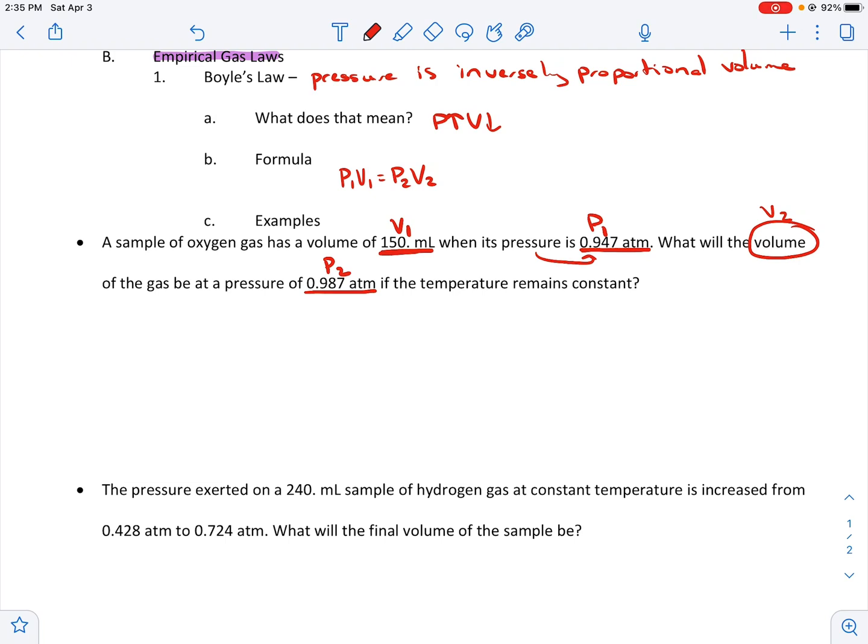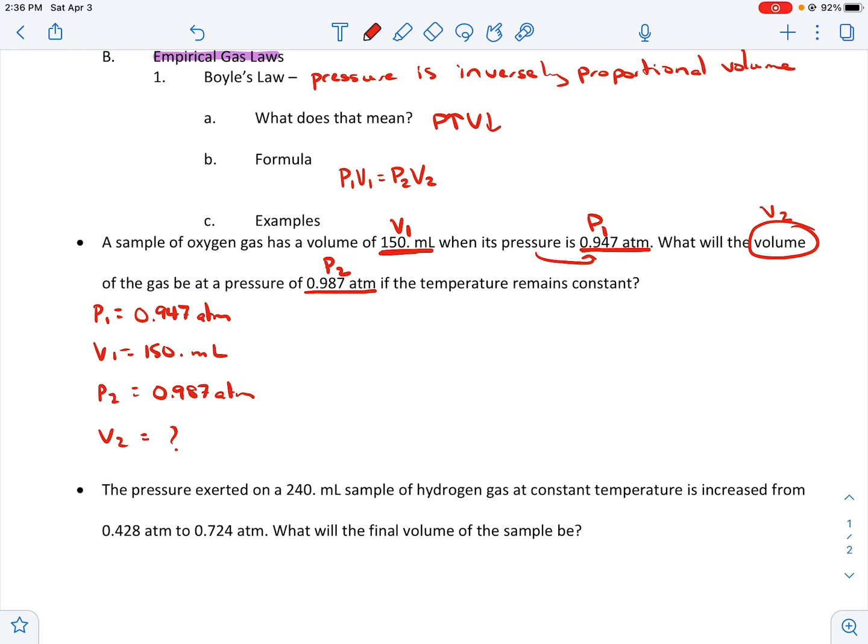So what we're going to do there is be ready to plug it in. I like to write out what I know on each side. So I've got P1, which is 0.947 atm. I've got V1, which is 150 milliliters. I've got P2, which is 0.987 atmospheres. And then I have V2, which is my question mark.